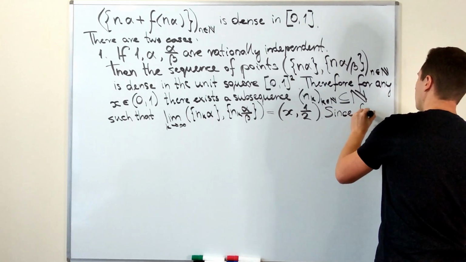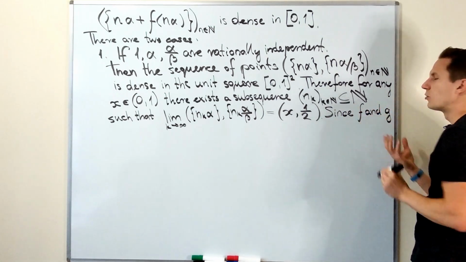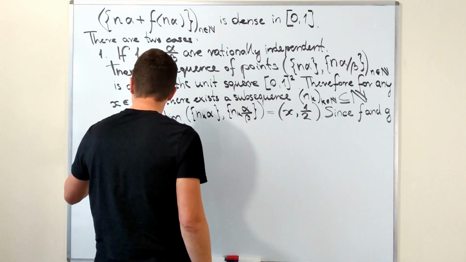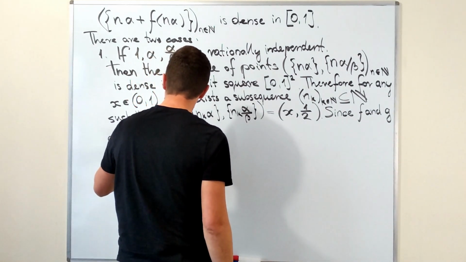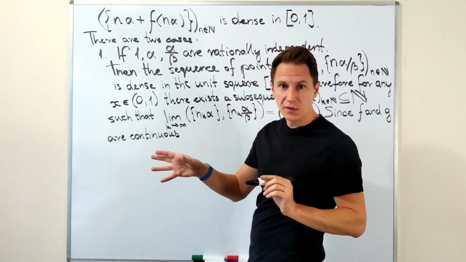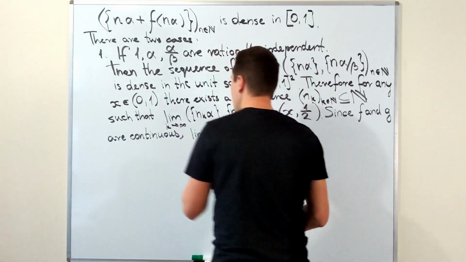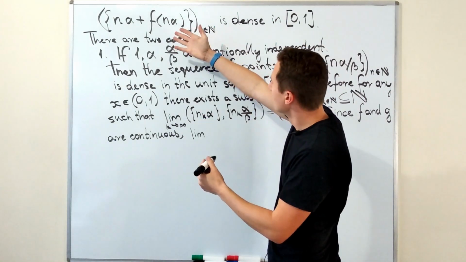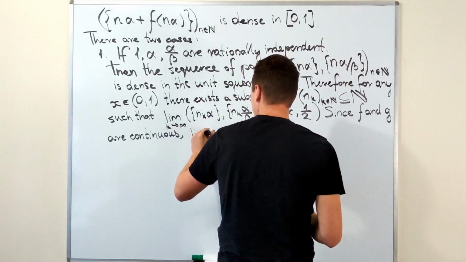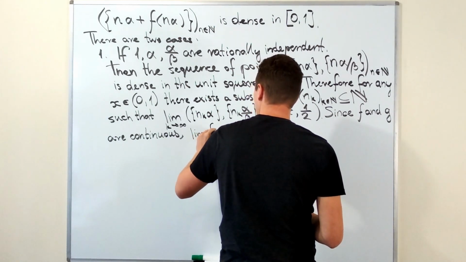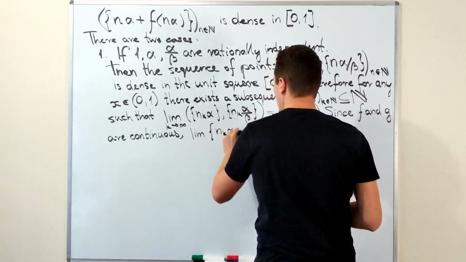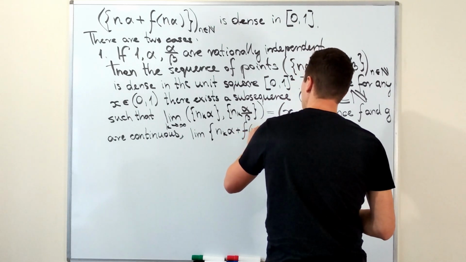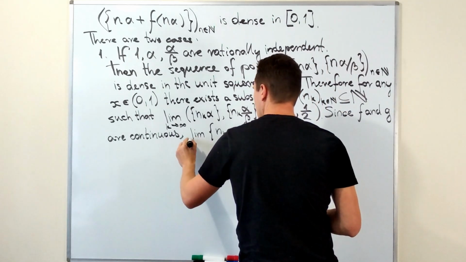So since f, and in fact this function that we created from f that is one periodic, are continuous, the limit of these functions of points that we are interested in along this subsequence will have the following form: n_k times alpha plus f of n_k times alpha, taking the fractional part, as k goes to infinity.